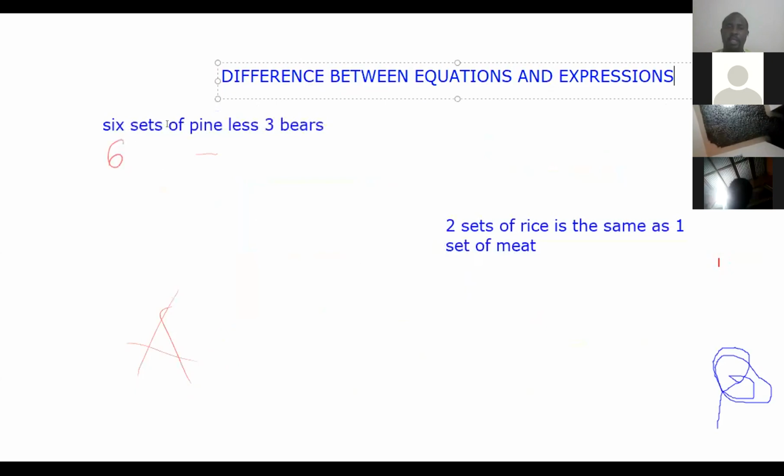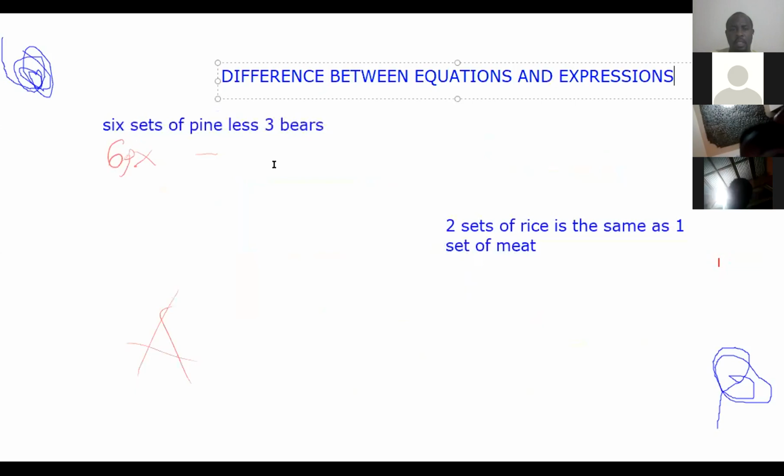Just think about it. 6 sets of times. So what does sets of mean? Multiplication. Right, so put it in. It wouldn't go there, Zaria.